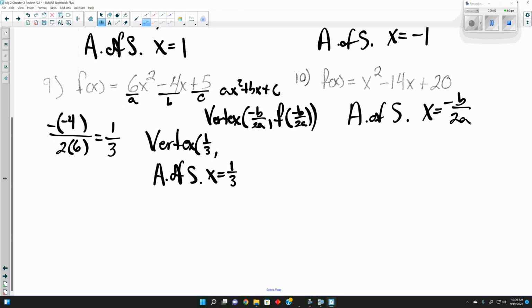Now the only other part that we have to do is take this 1/3 and plug it back in to find the y value of the vertex. So we're looking at 6 times 1/3 squared minus 4 times 1/3 plus 5. And again, type this into the calculator.